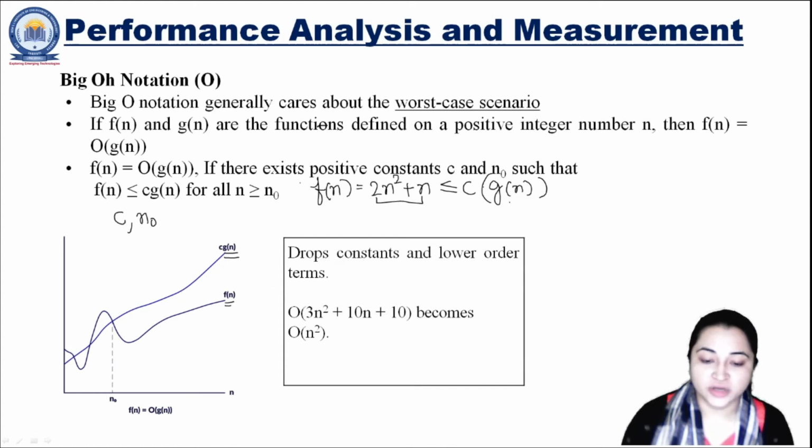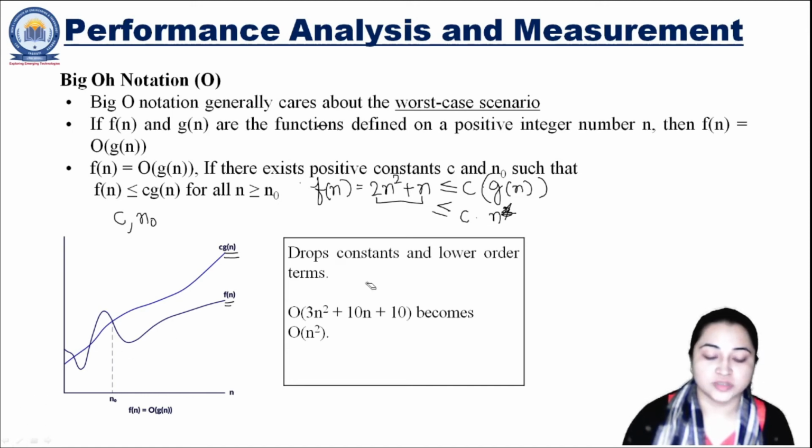Okay, so g of n is a faster function than f of n. So in g of n, we can choose g of n as c into n square, but since g of n only needs to be faster, we can also write c into n cube. We can also write c into n raised to 4 and so on. Okay, but what will we choose?